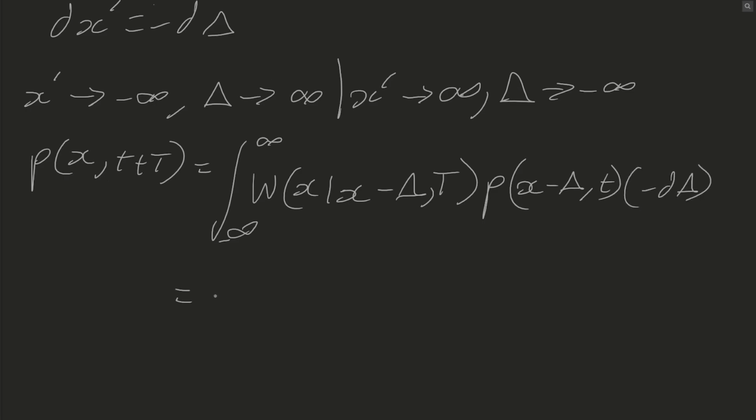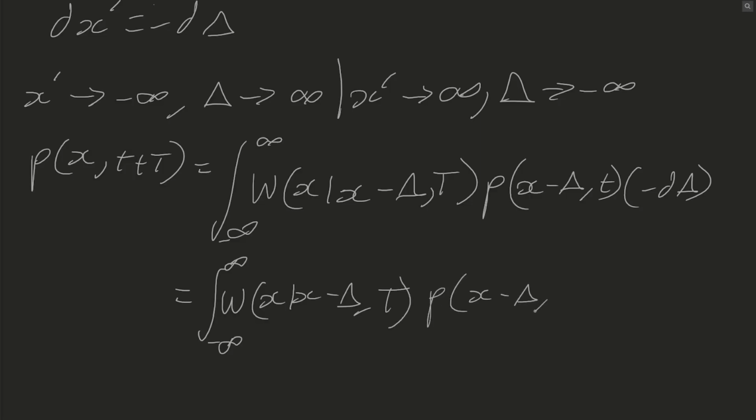That is equal to the integral from minus infinity to infinity of w of x bar x minus delta, tau, and then p of x minus delta, t, d delta. Very cool.